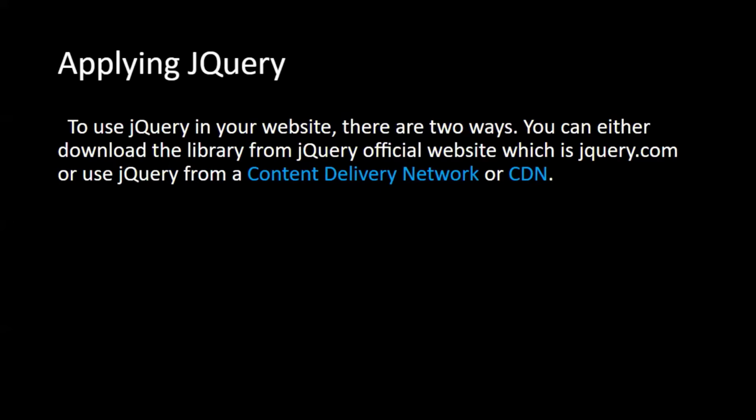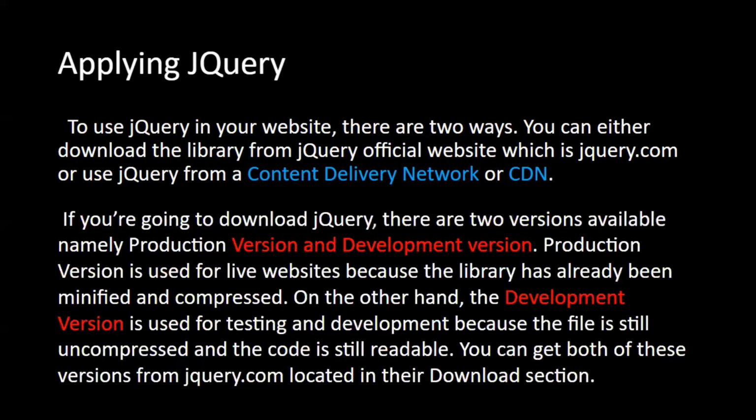Later on, I'm going to show you the website where we can access jQuery, and that is CDNJS. The meaning of CDN is Content Delivery Network. So CDN is one of the most popular sources wherein we can access jQuery.